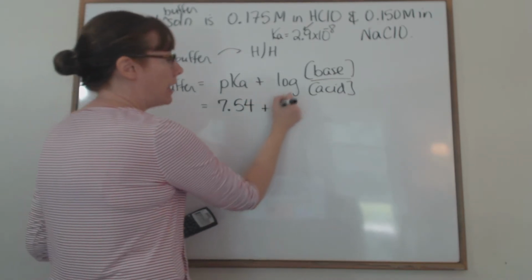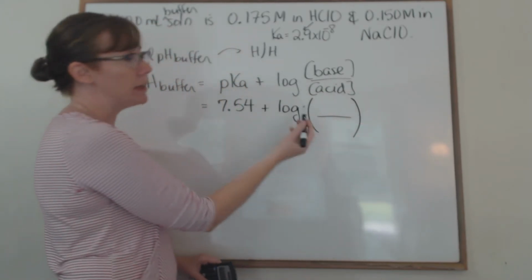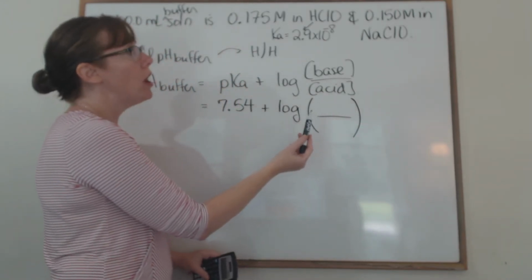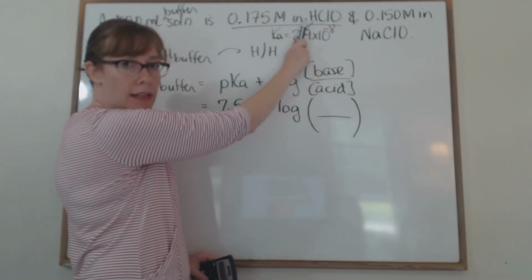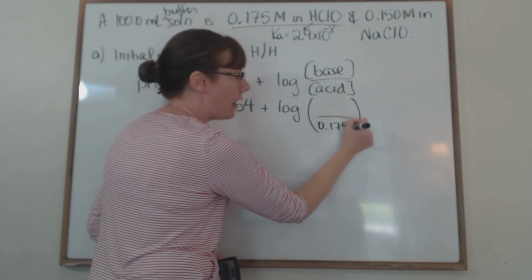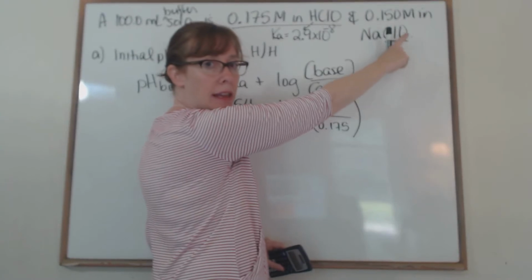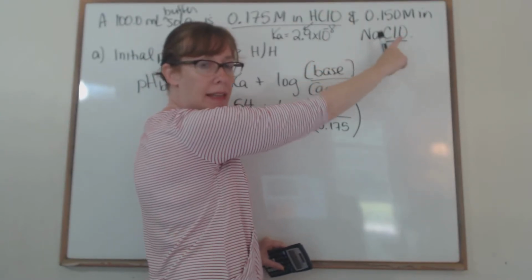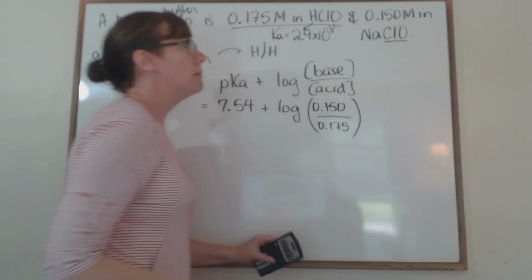And then I'm going to add the log of the concentration of the base over the acid. So I have to make sure I put them in the right order. The acid is clearly this one. See how it has the extra H in it? That's the acid, so that's 0.175. And the base is this one, the conjugate base of this, and that's 0.150 molar.